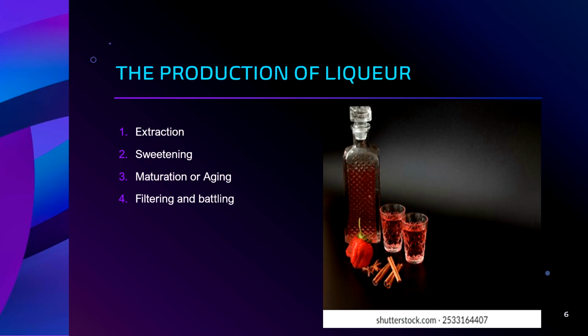So we are moving on to production of liqueurs. Basically it's not a long production, it breaks down into 4 categories. So let's go through the categories. The first one is flavor infusion.